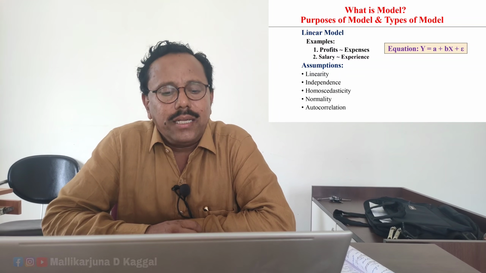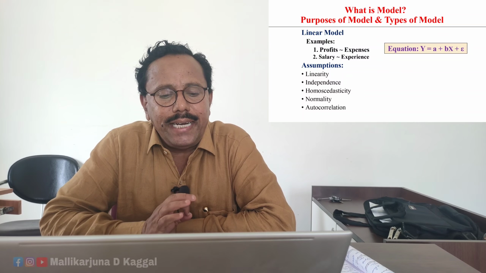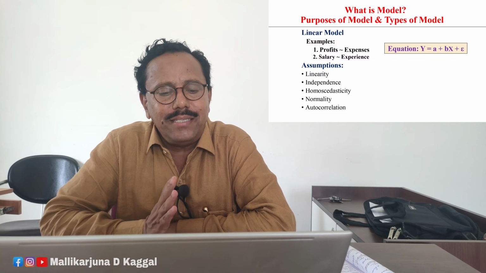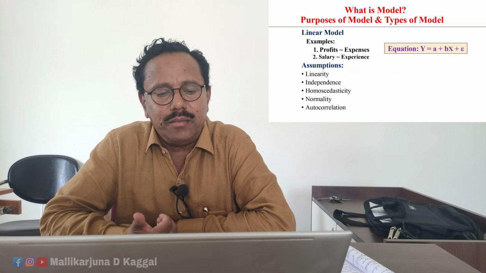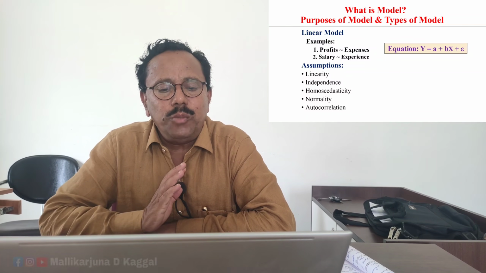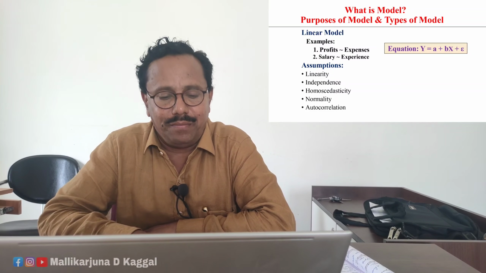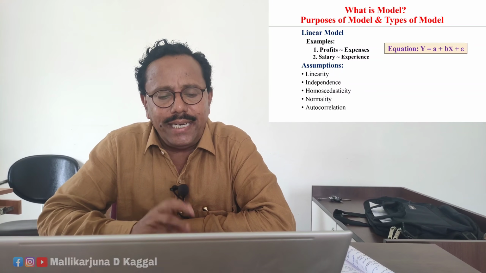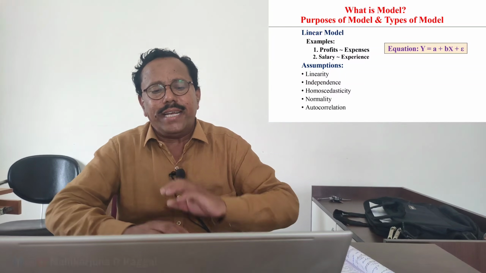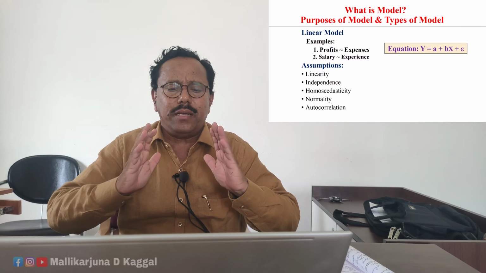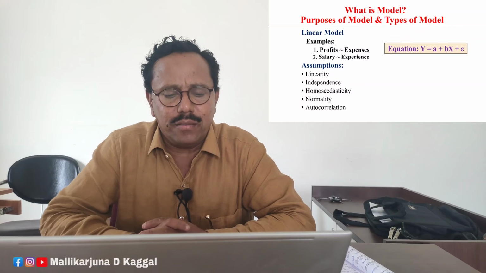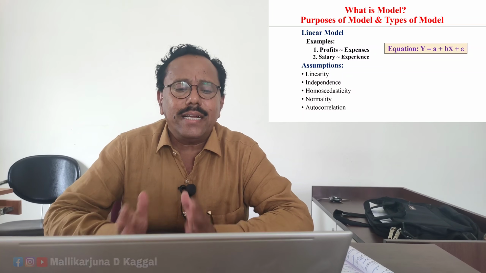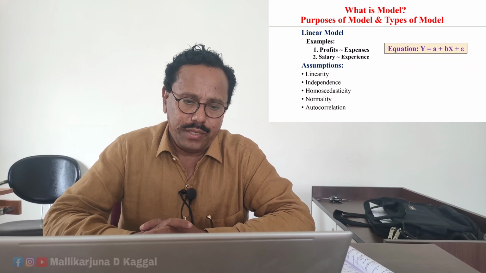Third assumption, your data must be homoscedastic. Homo means same, scedasticity means variance. There must be equal variance in your data. Whatever data you take, when you calculate variance, there must be the same variance. If not the same, at least at 5% level of significance, it must be the same.